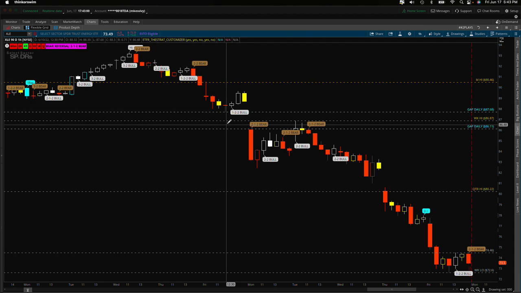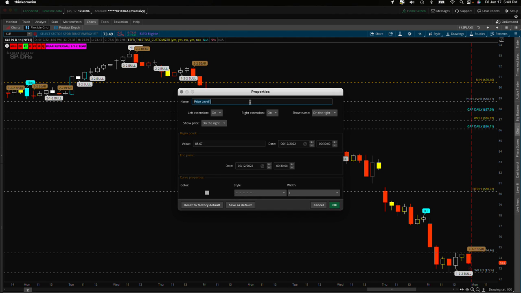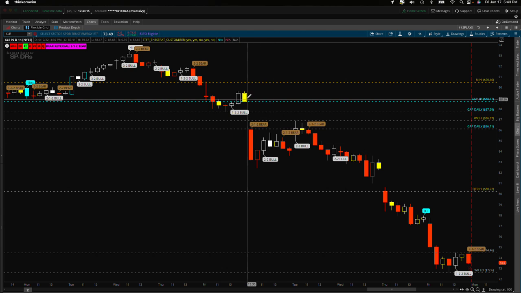So we have the gap here, but we can see on the hourly chart, that gap actually started right here at 88. So we'll mark this gap 1H. We'll make it blue. So we have this gap here, and then from here at 87.68 to 86.11, this is your daily gap.